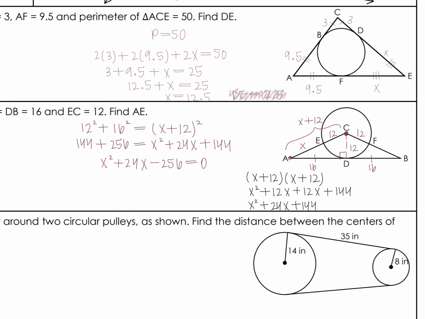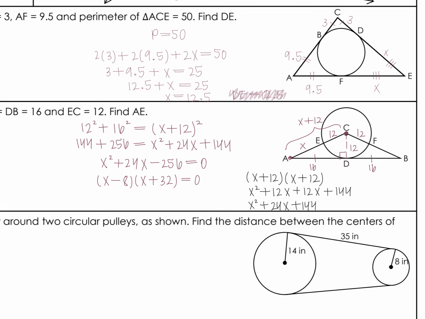Okay, and then I want to think of what are 2 numbers that will multiply to give me that negative 256, but will add up to the positive 24 that I need. Well, right off the bat, I know that I could say that this would be x minus 8 and x plus 32.